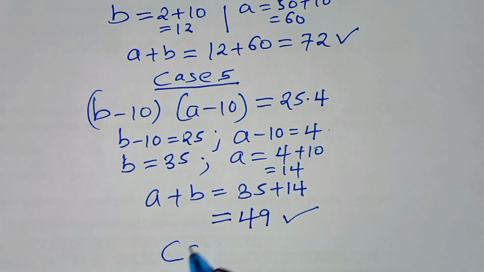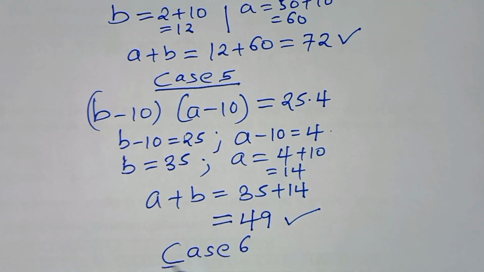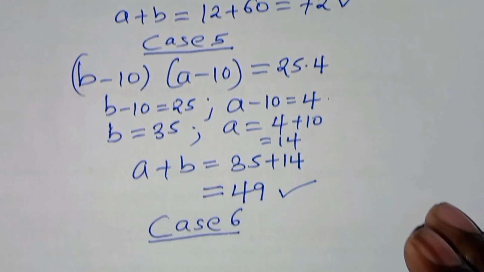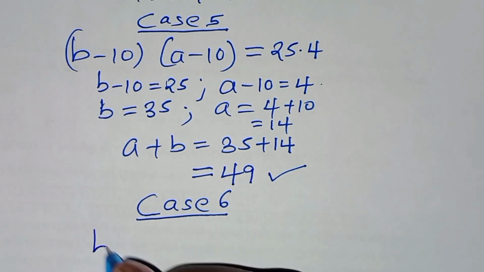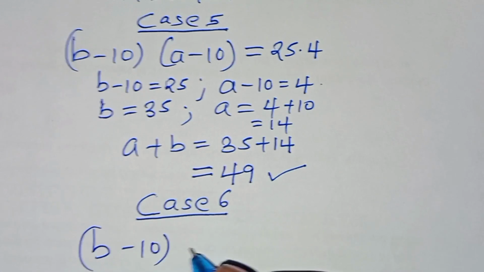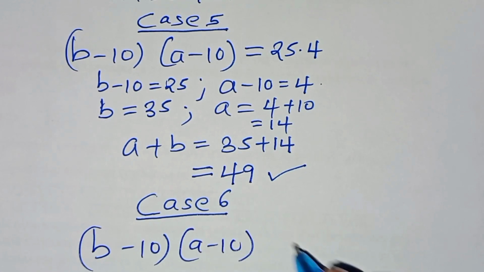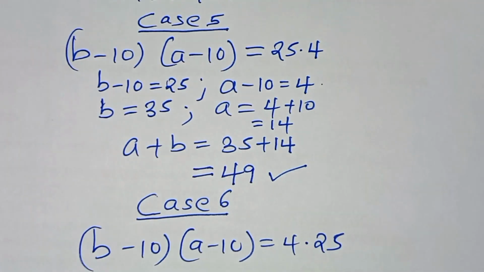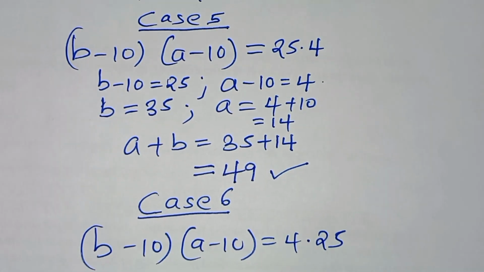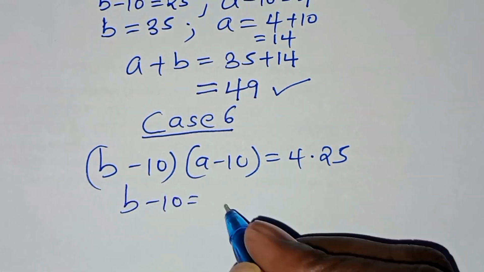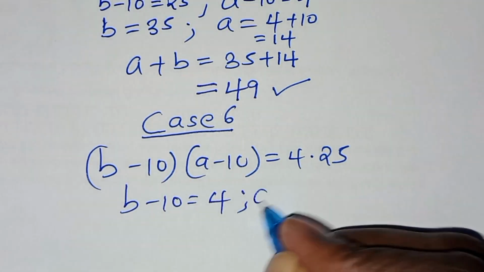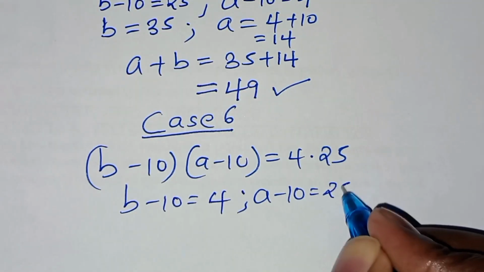Let's proceed to case 6. So case 6 here, we have (b minus 10)(a minus 10) equal to 4 multiplied by 25. So this implies that b minus 10 is equal to 4, and a minus 10 is equal to 25.